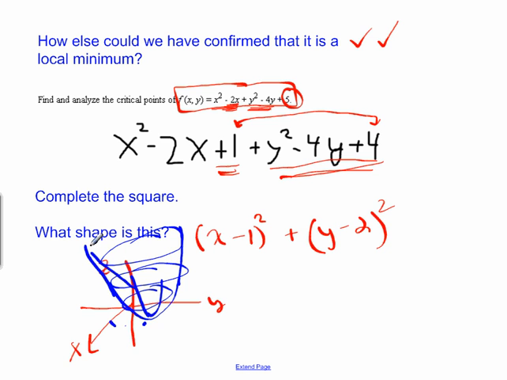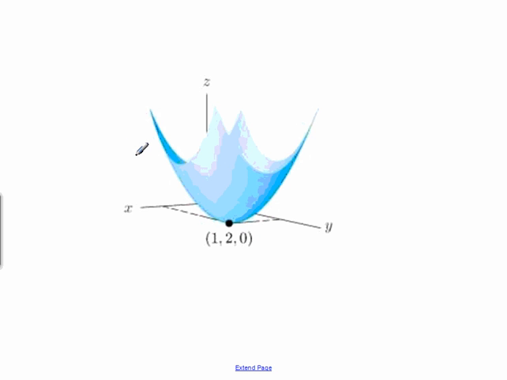And we can clearly see here that the minimum is occurring at the point 1, 2, which comes from the transformation that we were able to see once we completed the square. Here's a much better computer-generated graph of the same thing that I just drew.